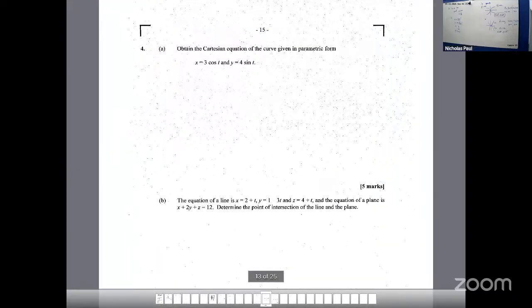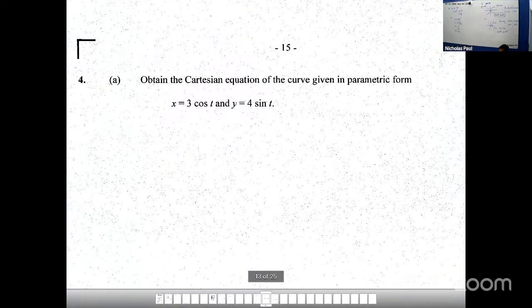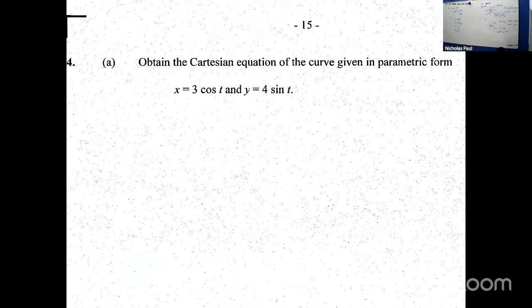This is 2023. Find the Cartesian equation from that. By looking at it, can anybody guess what type of curve it is?